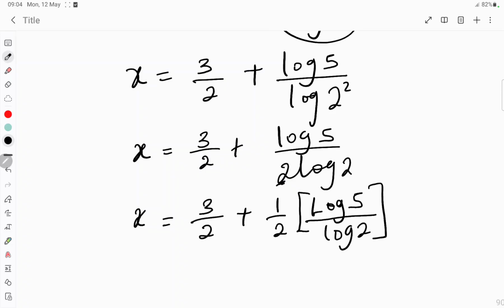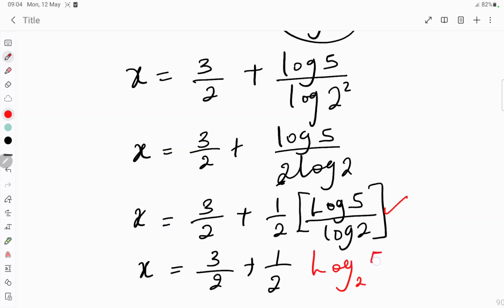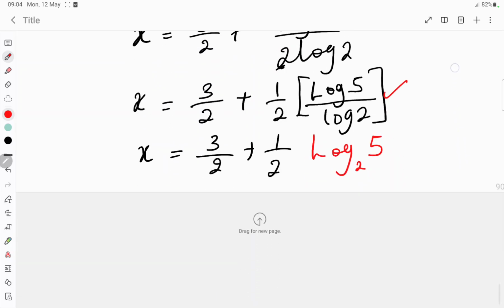So if you agree with this, we now use change of base. You see that x is equal to 3 over 2 plus 1 over 2. We apply change of base here. That will give you log 5 to base 2. Applying change of base, the base of the logarithm in the denominator becomes the base of the number 5.